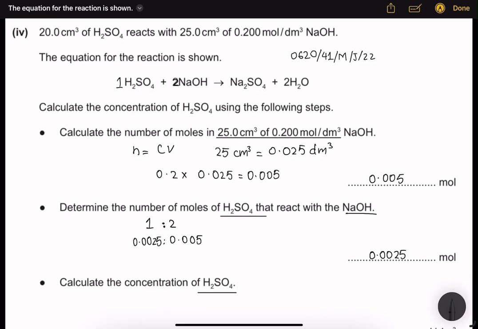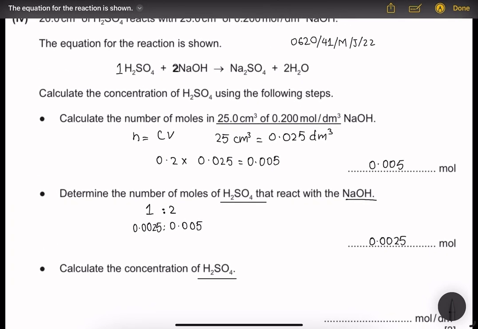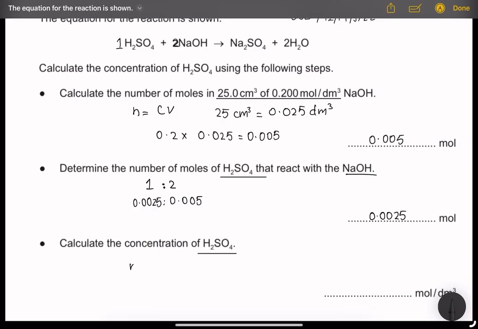Now we have to calculate the concentration of H2SO4. We have the volume of H2SO4 as 20 cm cube. Sorry, not the volume, we have to calculate the concentration. n is equal to cv.